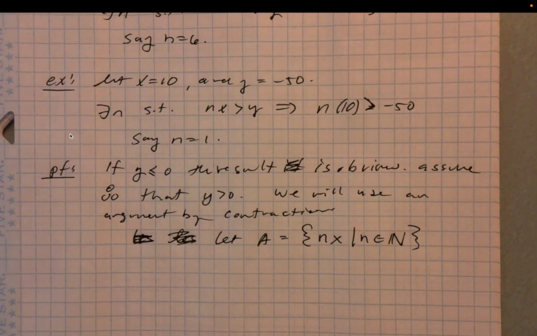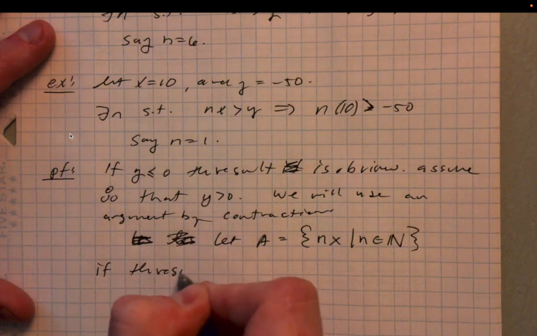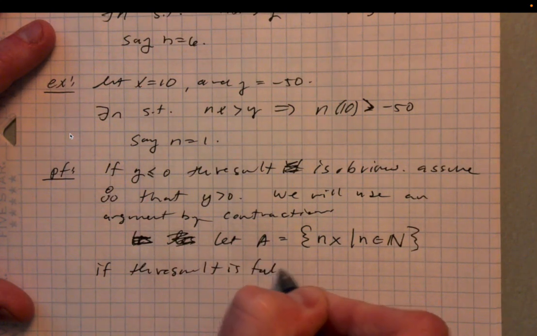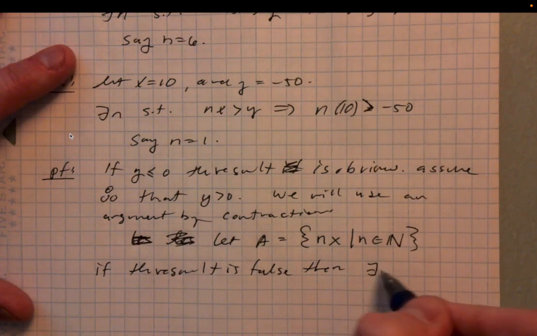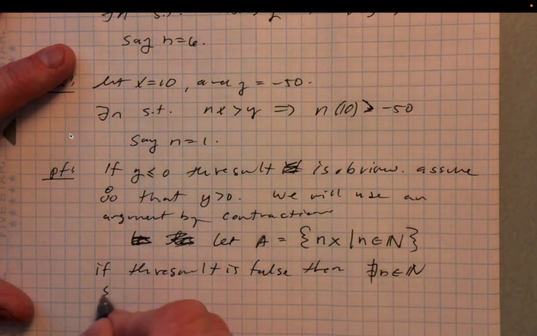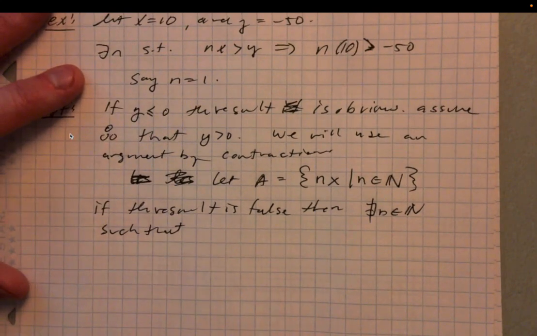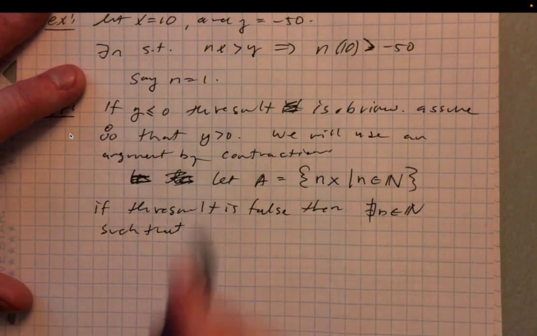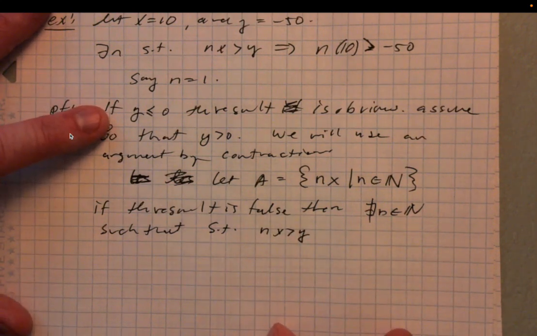Now, if the result is false, then there does not exist a natural number n such that n times x is greater than y.